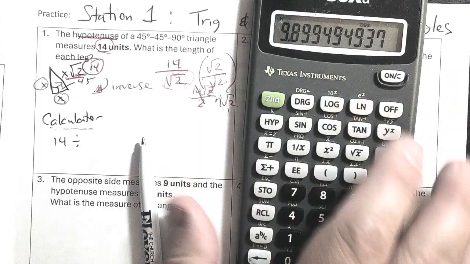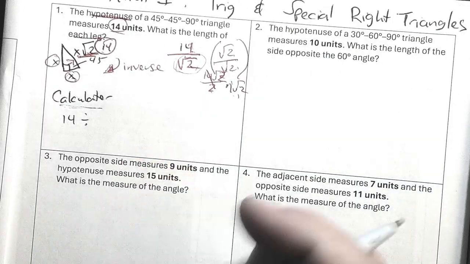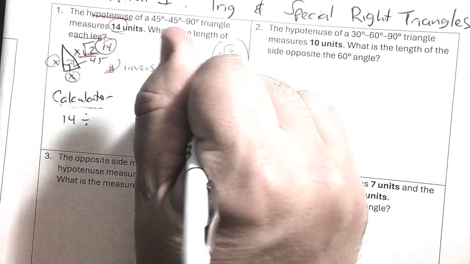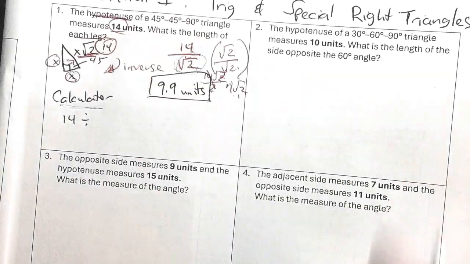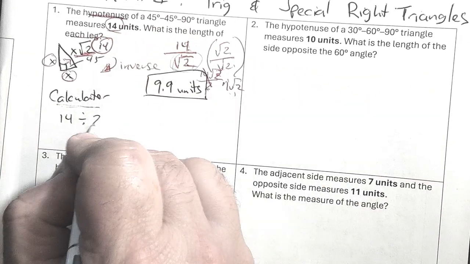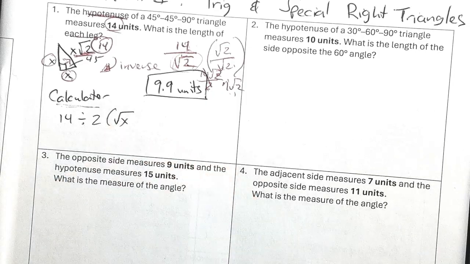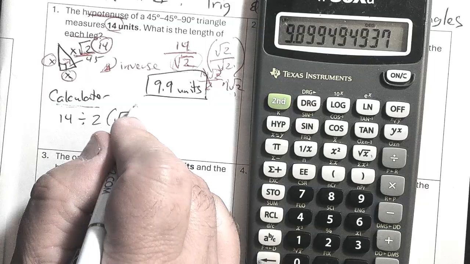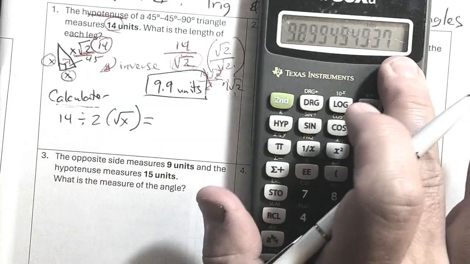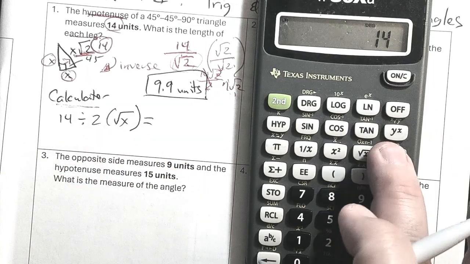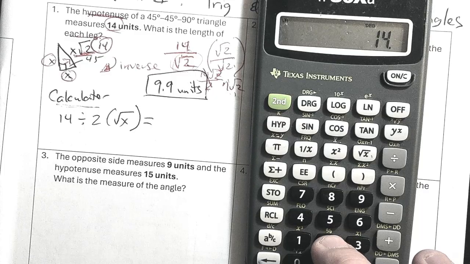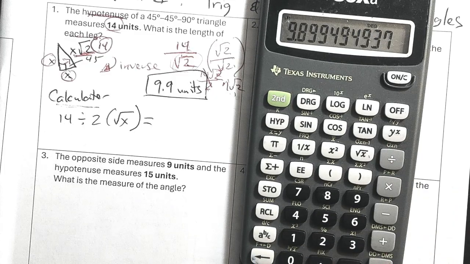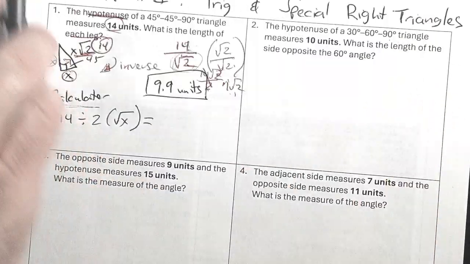So our answer is 9.89, or 9.9 units, because we're rounding it up. It was 14 divided by, so we hit 2 first, and then the square root button, and then equals. We got 9.89 or 9.9 units.